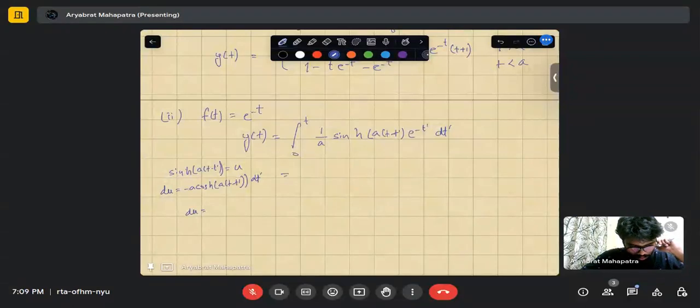And one more substitution you can do here is to take dv equal to e to the power minus t prime dt prime, and v equal to minus e to the power minus t prime. Using these substitutions, you will find you can write this.